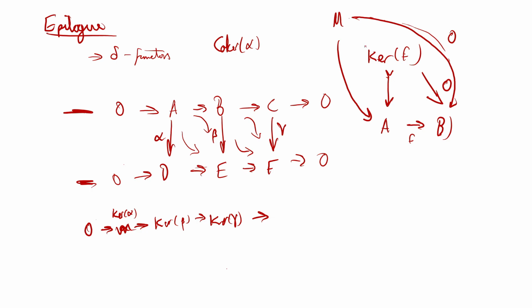So any pair, so M and then mu from M to A, any mu such that f after mu is 0 has a unique function into the kernel, such that this unique function, and then this is sometimes called the kernel as well.